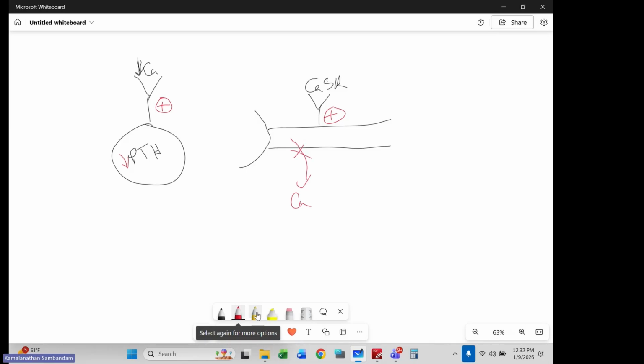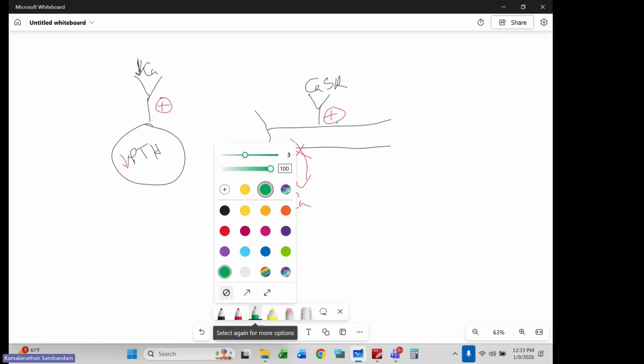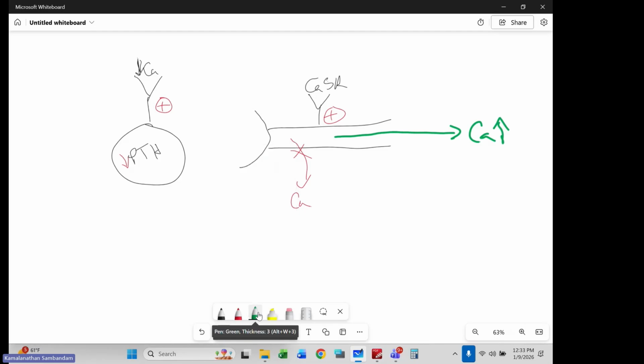If the reclamation of calcium is downregulated, then my calcium excretion rate will be increased. These patients will tend to have hypercalciuria. And that contrasts with familial hypocalciuric hypercalcemia, right? So it's all making sense.